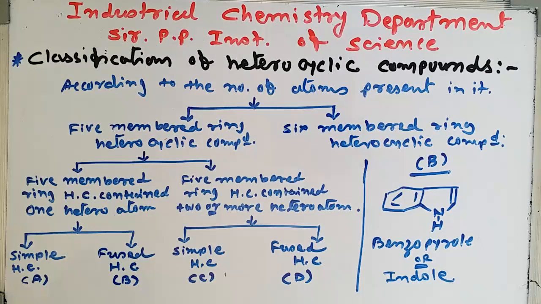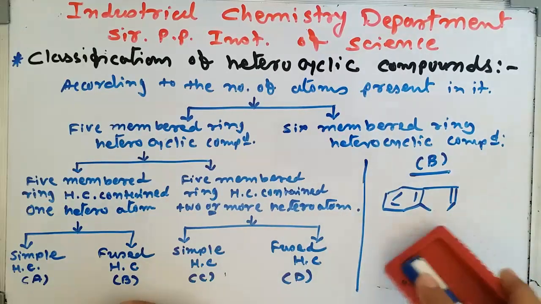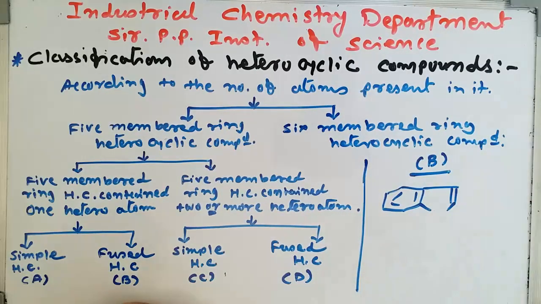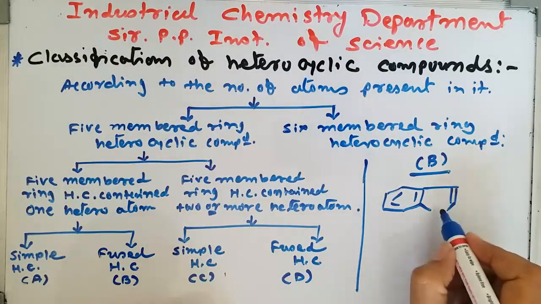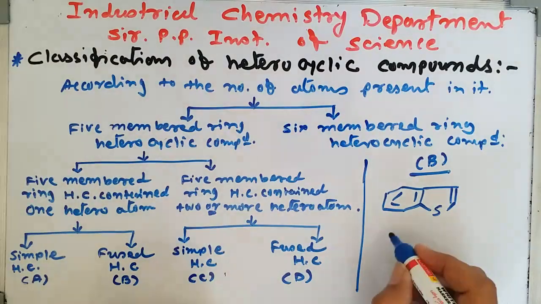Benzopyrrole or indole. This is a fused 5-member ring heterocyclic compound containing one heteroatom, and the fused heterocyclic compound is benzopyrrole. And if this compound contains, instead of nitrogen, sulfur here, then it is known as benzothiophene.